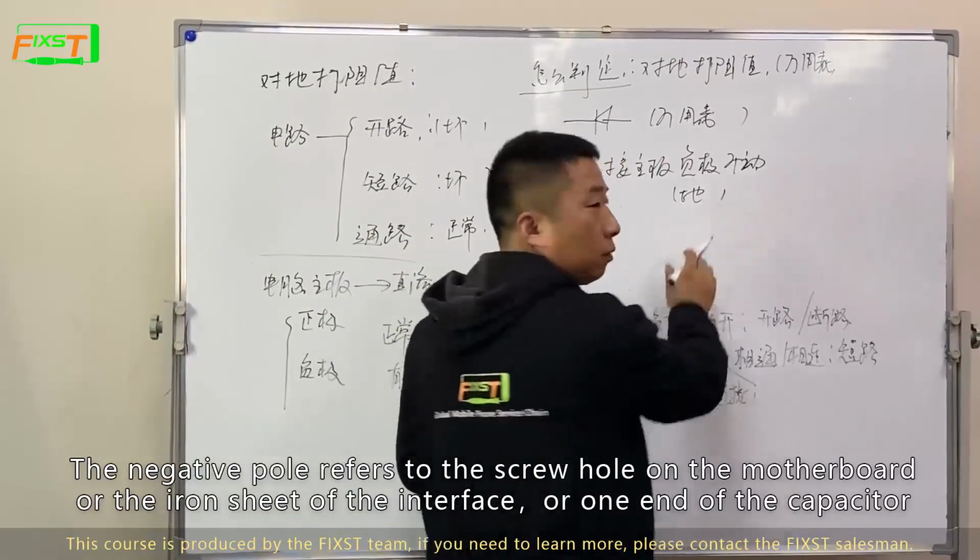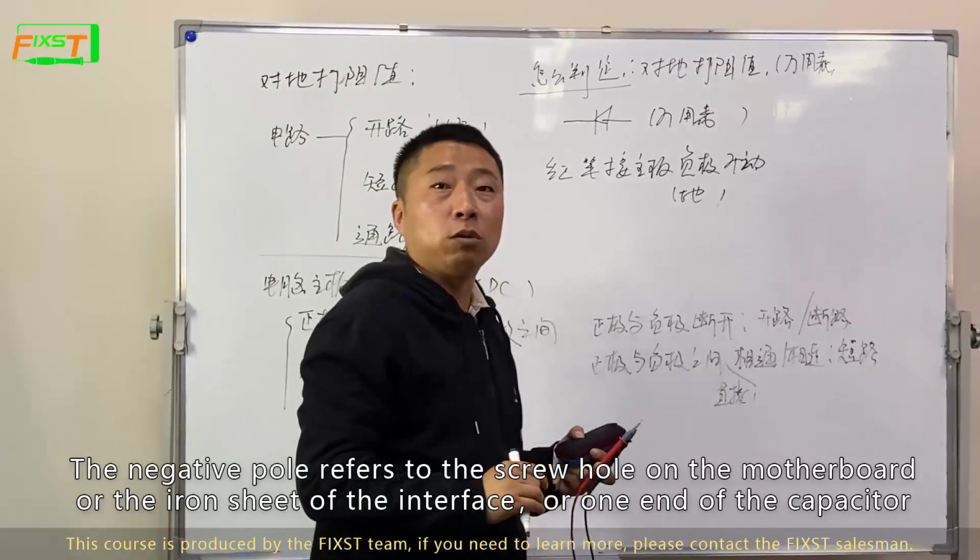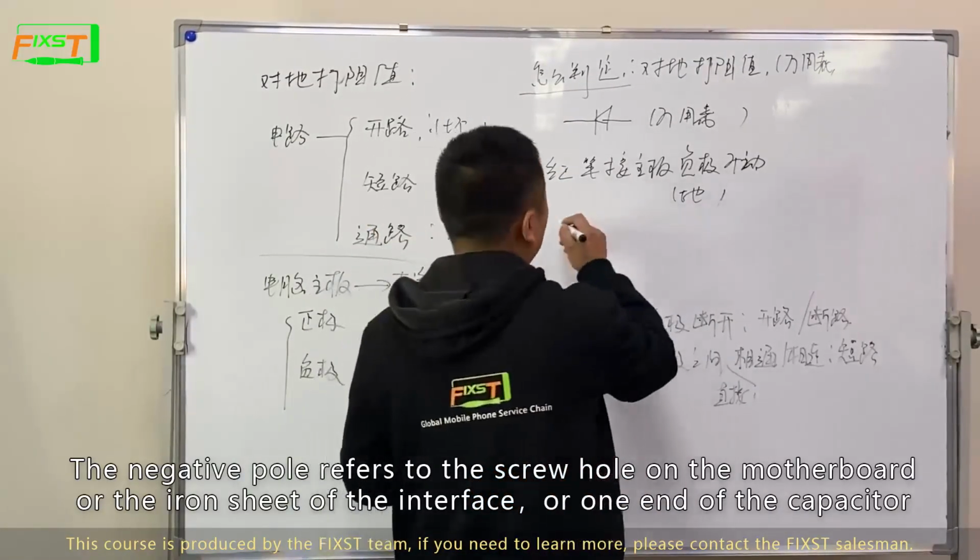The negative pole refers to the screw hole on the motherboard, or the iron sheath of the interface, or one end of the capacitor.